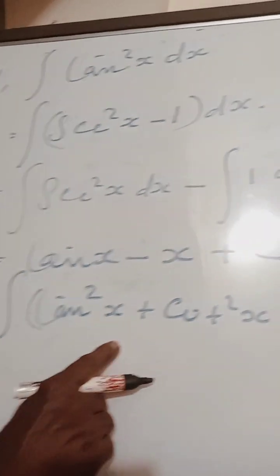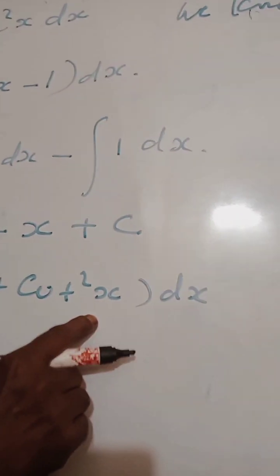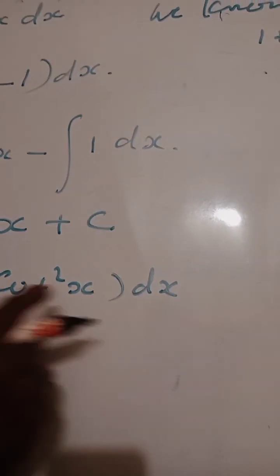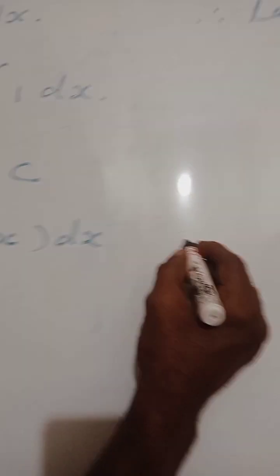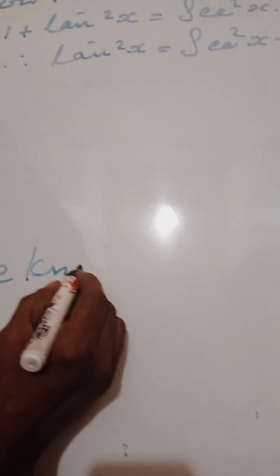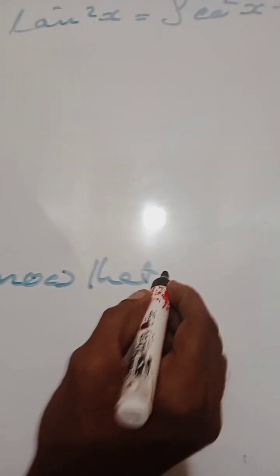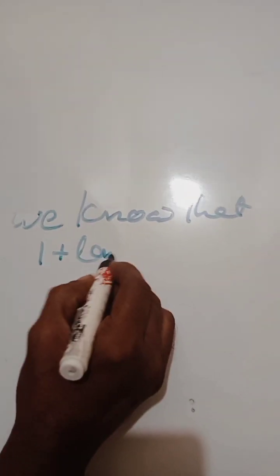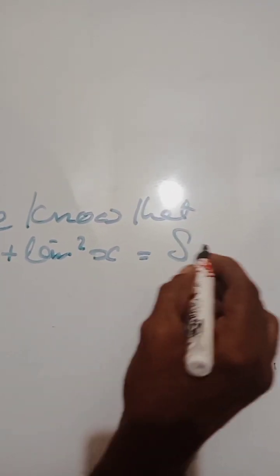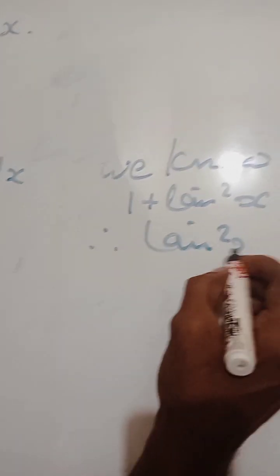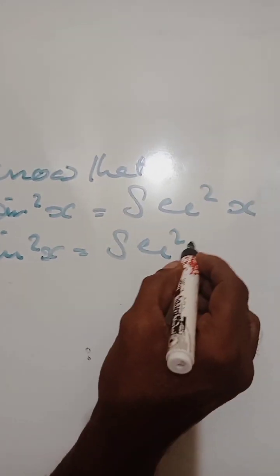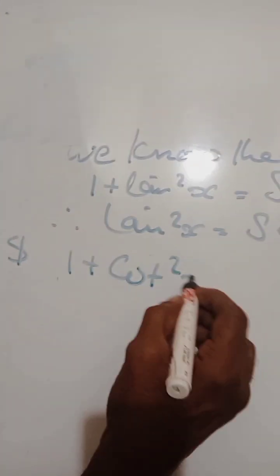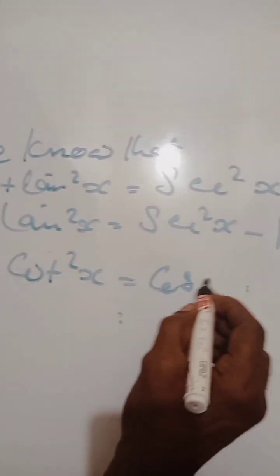12th question is integration of tan square x plus cot square x whole into dx. But we know that 1 plus tan square x is equal to sec square x. Therefore, tan square x is equal to sec square x minus 1, and 1 plus cot square x is equal to cosec square x.